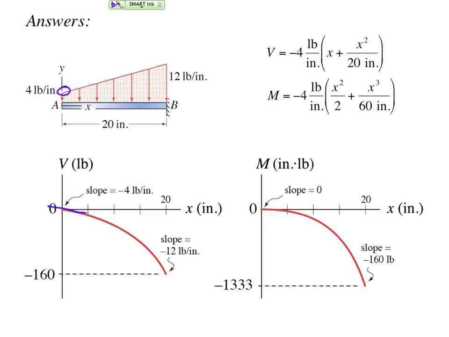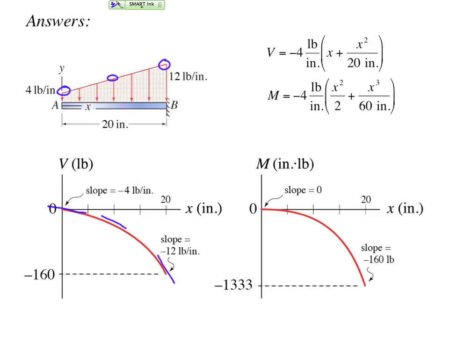We know from visual inspection of w of x that v of x will become progressively more negative because its slope is becoming more negative as we move from left to right. At the end of the beam, its slope has increased to minus 12 pounds per inch.